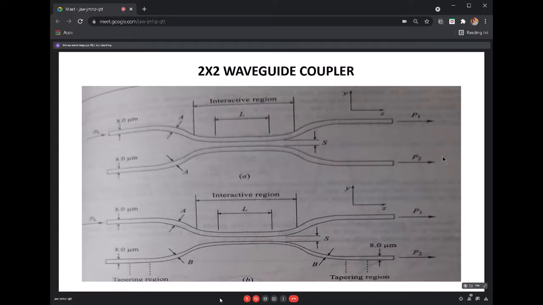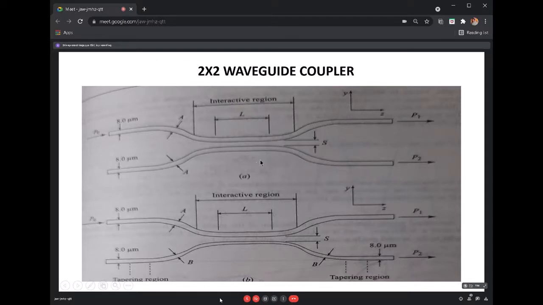Here you can see it is a uniformly symmetric device. Both are symmetric, and it has parallel guides in this region. What is this region? This region is the coupling region. The earlier one which we discussed was a twisted one.